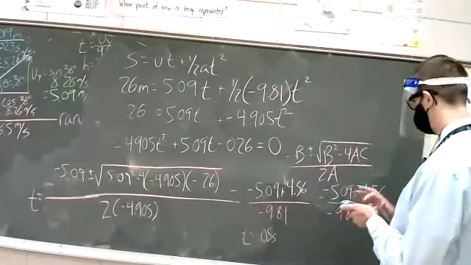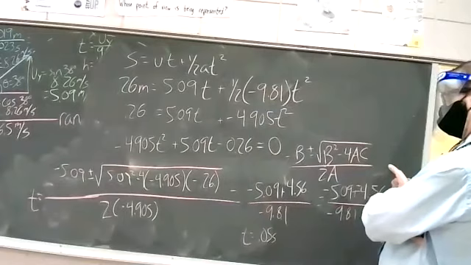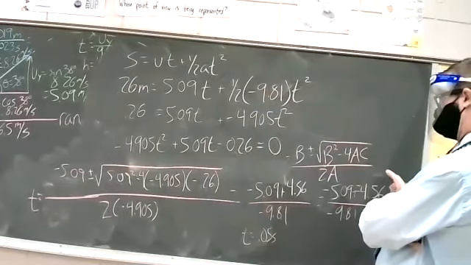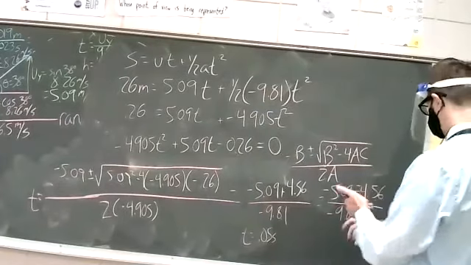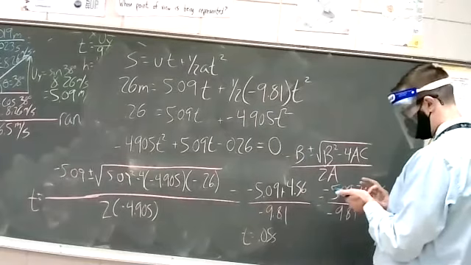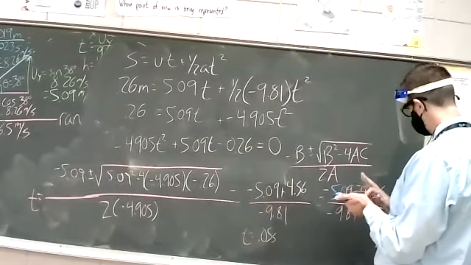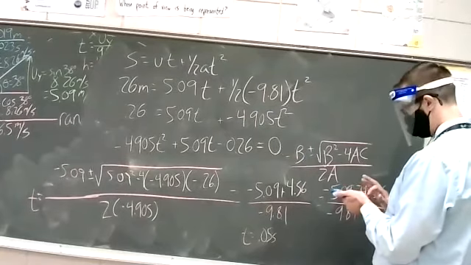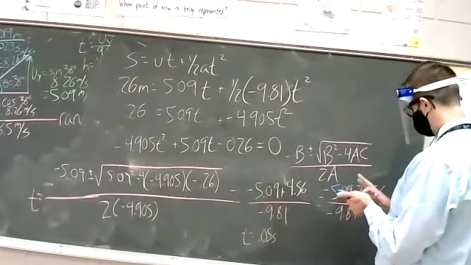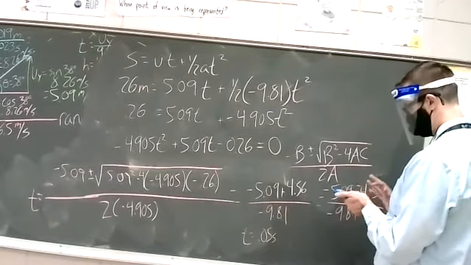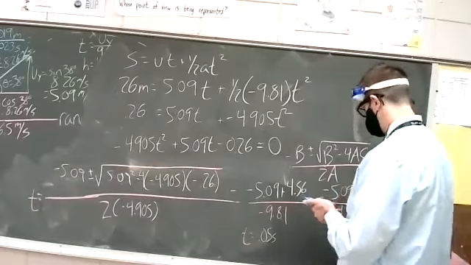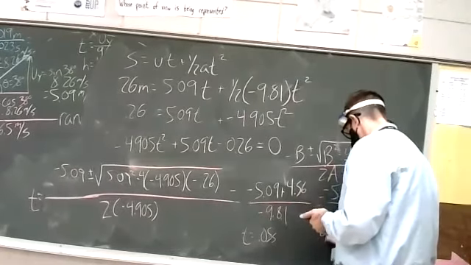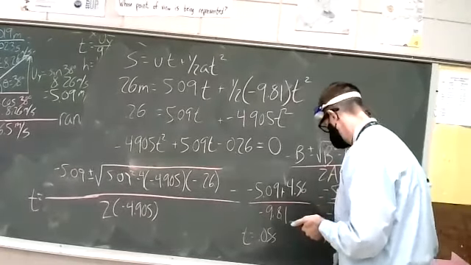This one here would be negative 5.09, I feel like I made a mistake, minus 4.56 divided by 9.81. So this would be 0.98 seconds.